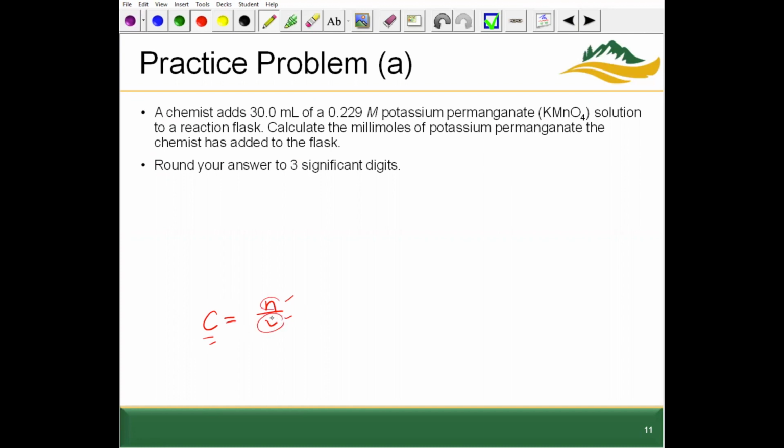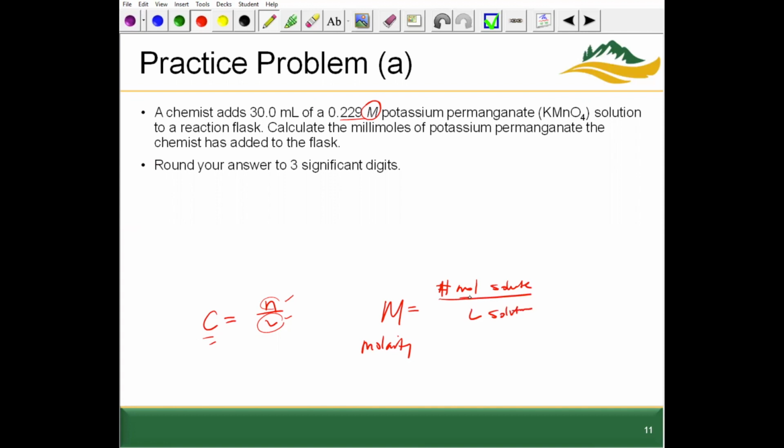Here, though, in this practice problem, right away, let's notice that this capital M describes the concentration. This is no longer a general term for concentration. This is our molarity term. So always for molarity, it's the number of moles of solute per liter of solution.